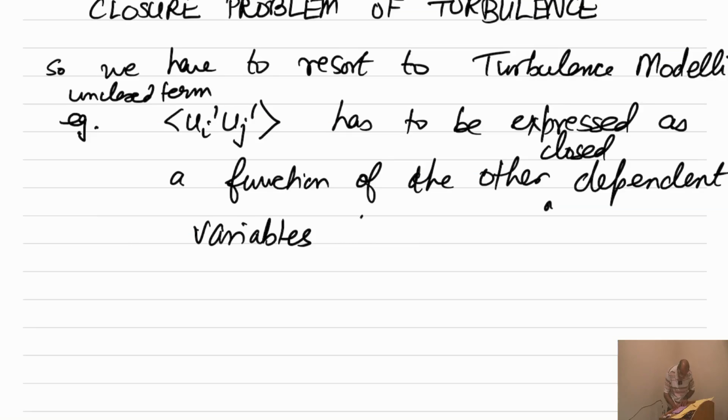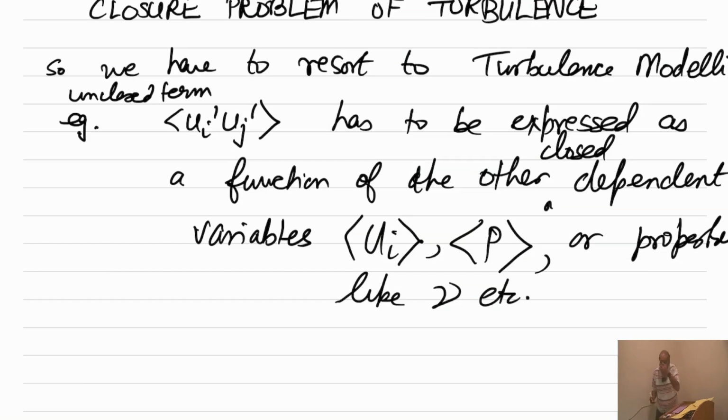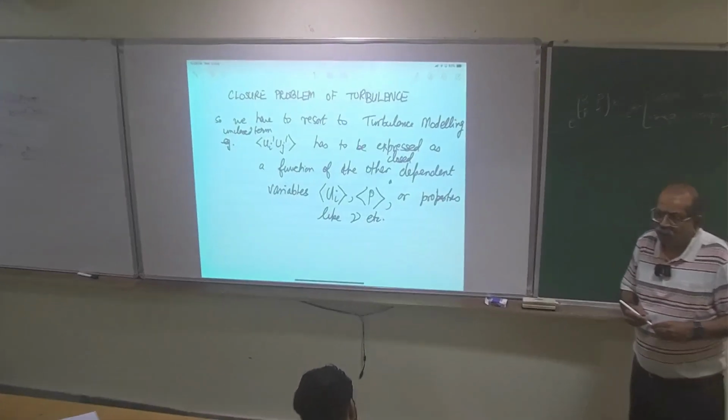And in this case, the dependent variables are mean of u, mean of p, or properties like nu, etc. So if I write ui prime uj prime as some function of the mean velocity and put it back in the equation, then the equation becomes closed.